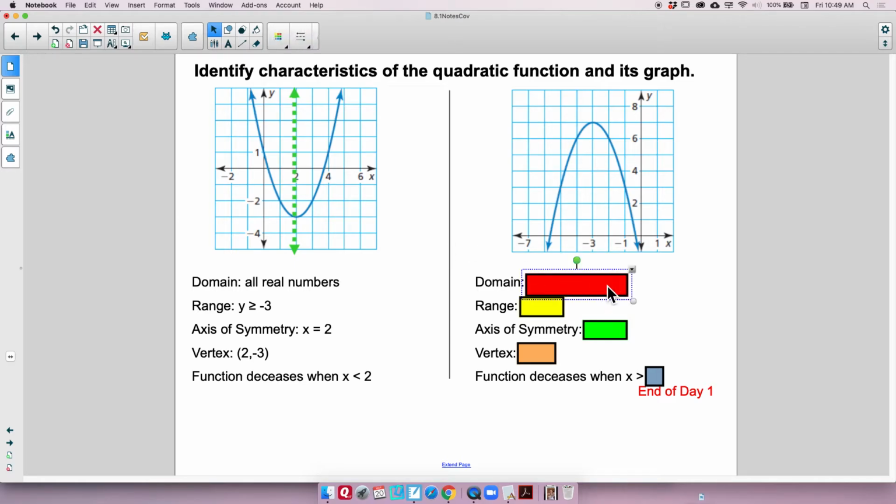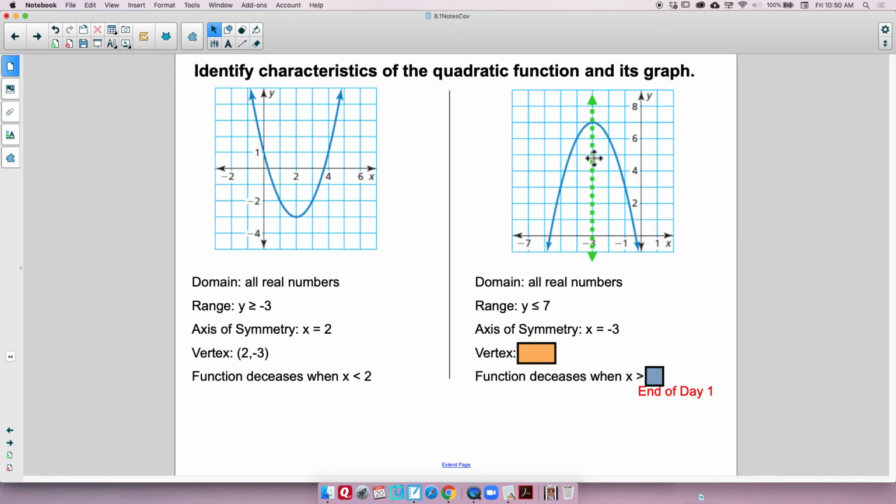Okay, I'm back. Hopefully you got the domain was all real numbers. This one's facing down, so our highest point on the y-axis is 7, so it would be y is less than or equal to 7. Our axis of symmetry is right there. What would we call that? X is equal to -3.